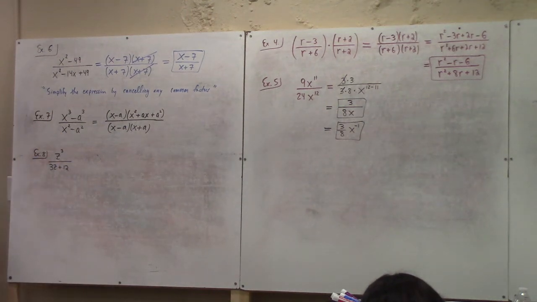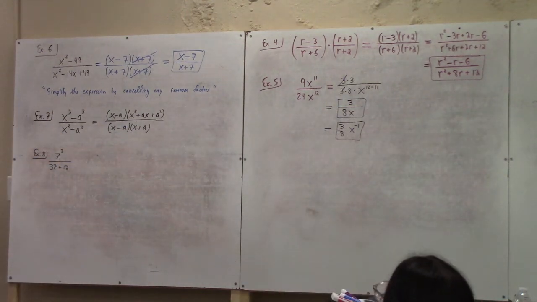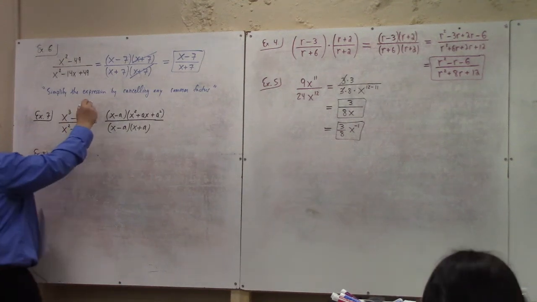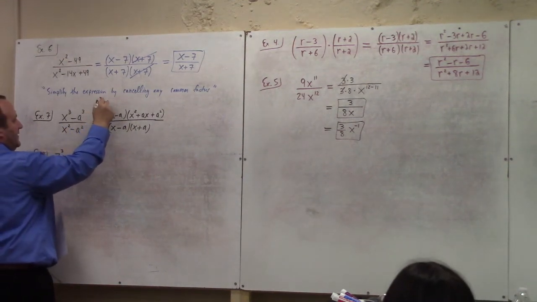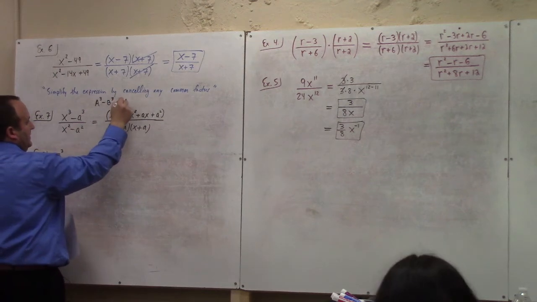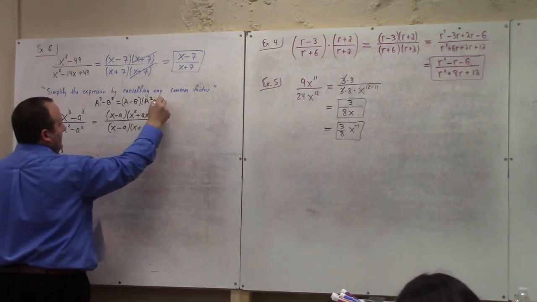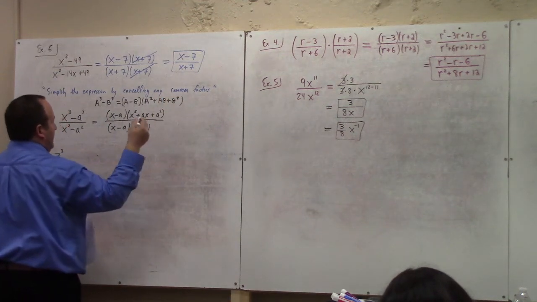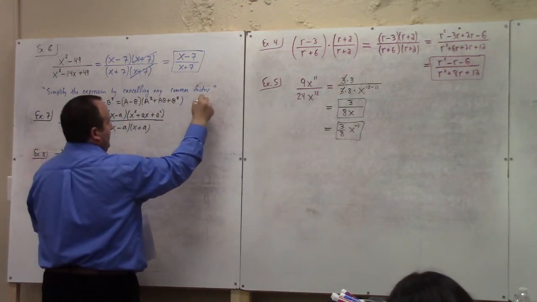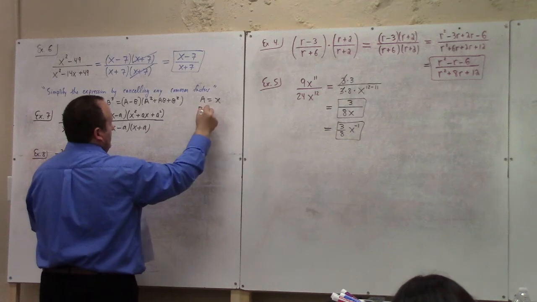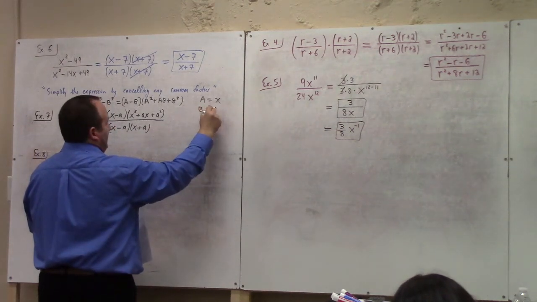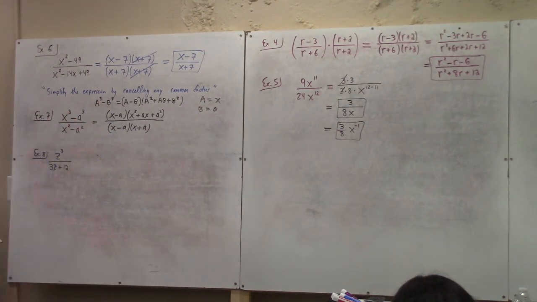But remember the special form trinomial? We got that a cubed minus b cubed is a minus b times a squared plus ab plus b squared. And then I'm just thinking a equal to x and b equal to, well, a in this case. That's the pattern.